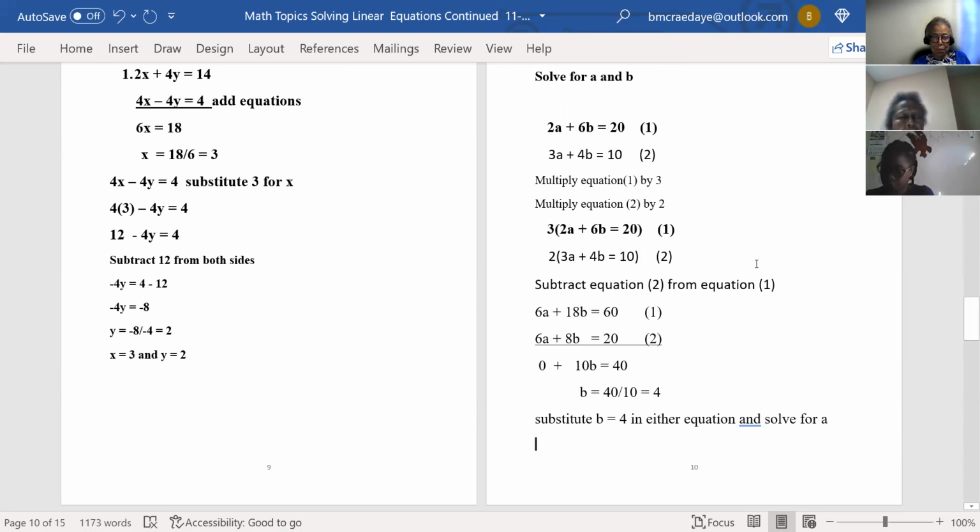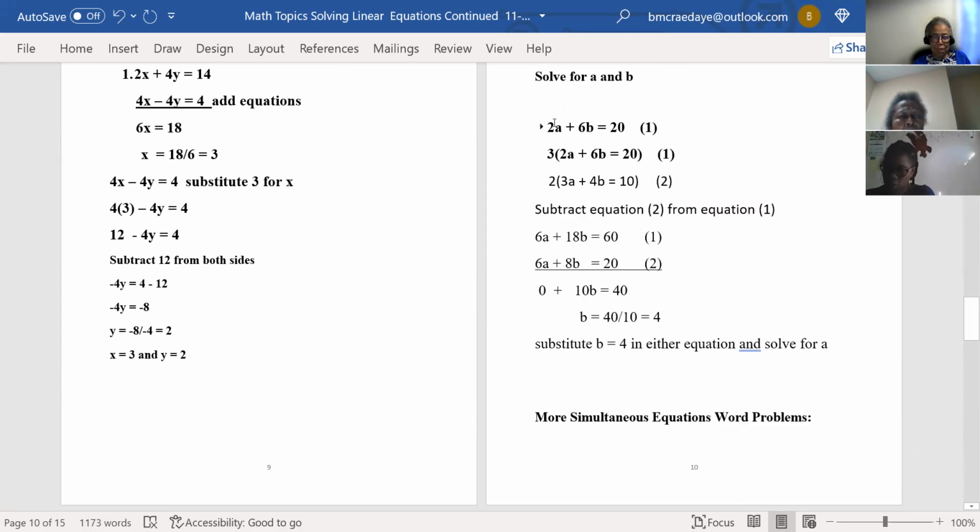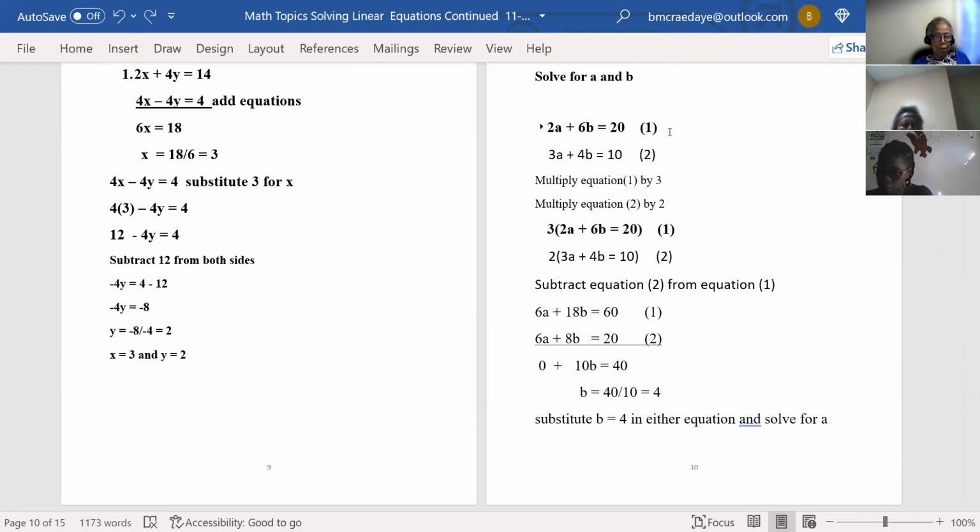I use 1. Okay, so you're using 2a plus 6b is 20. So therefore, b is 4, right? And a is 2.